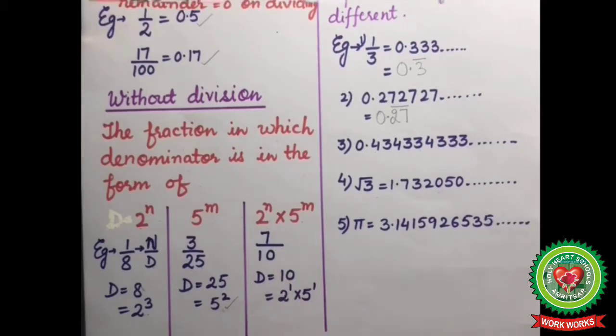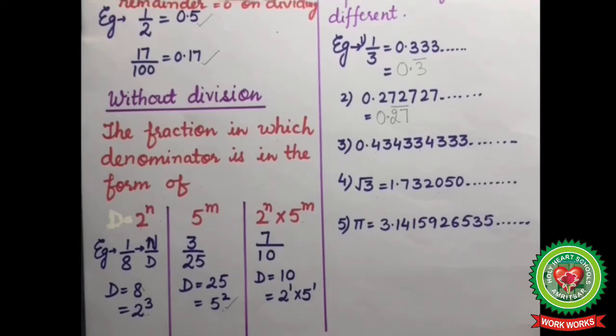Now in the next case, it is 7 by 10. The denominator here is 10, which will be written as 2 raised to power 1 into 5 raised to power 1. Now in this case, we have got the prime factors 2 and 5. So this will also be a terminating decimal.